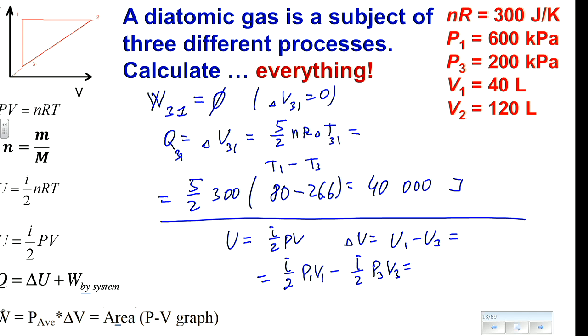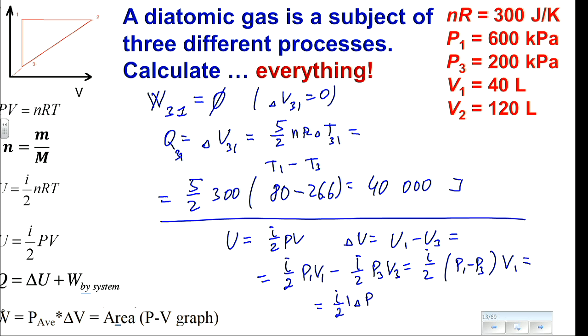So, what do these terms have in common as a common factor? i over 2, and the volume is the same. You can call it first, you can call it third, but the pressure changes. And we had a similar equation. It's been written in a short way like this.